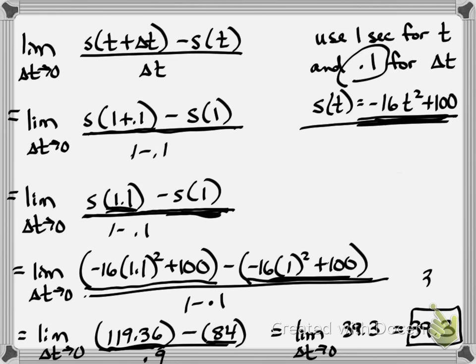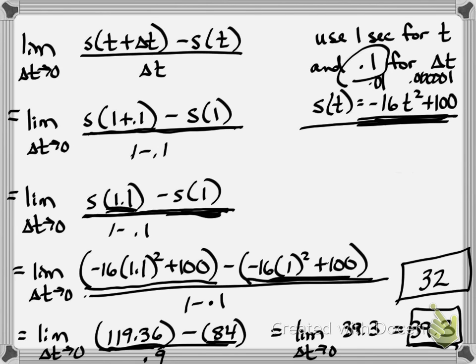And I'm trying to get 32 feet per second squared. But we used a change that was equal to 0.1. If we'd used an even smaller value, like 0.01, then our 39 would have been closer. If we'd used like 0.00001, where it was just barely a change from the 1 second we're talking about, then our limit would approach 32.